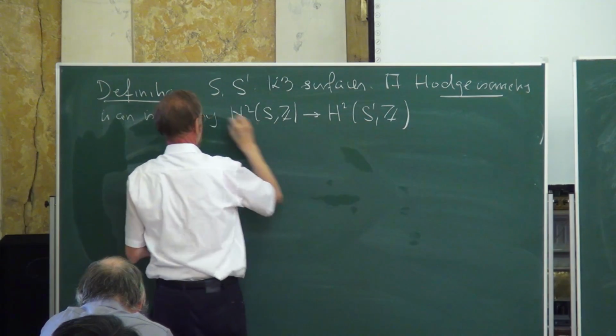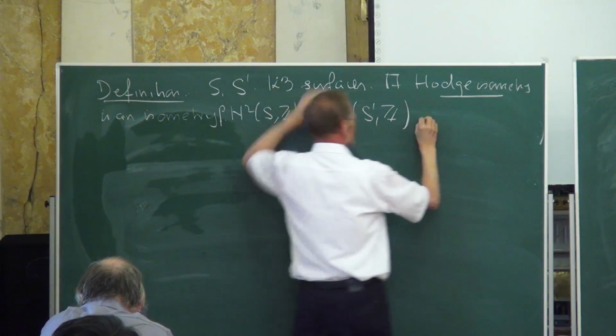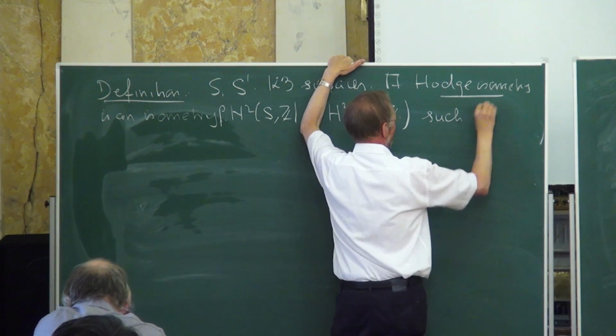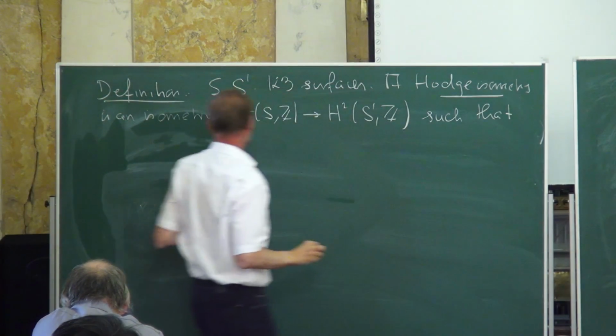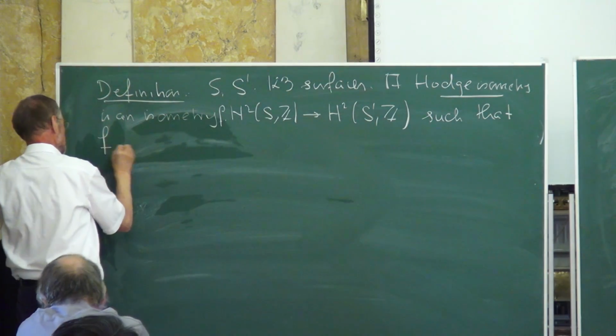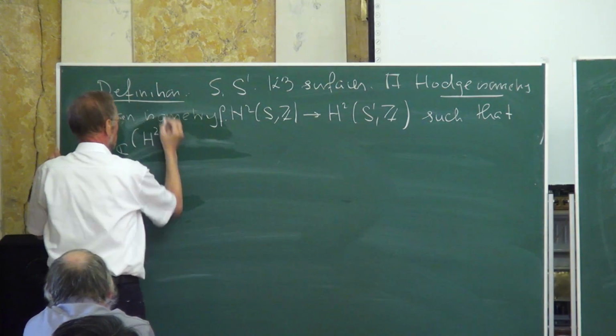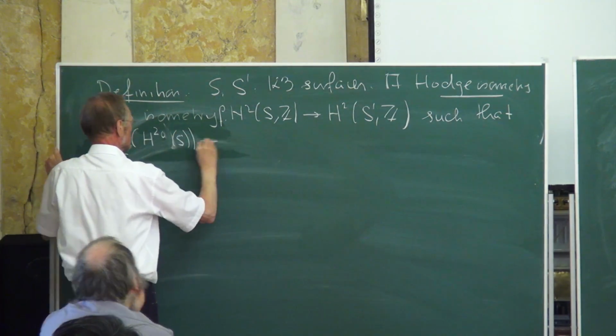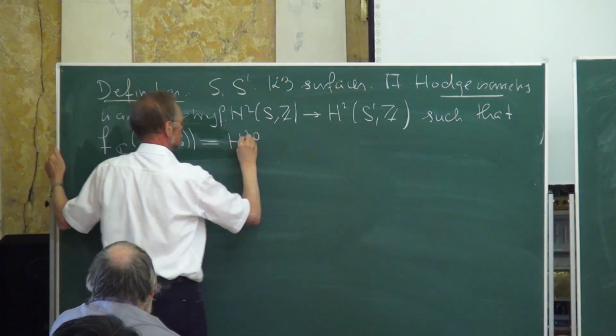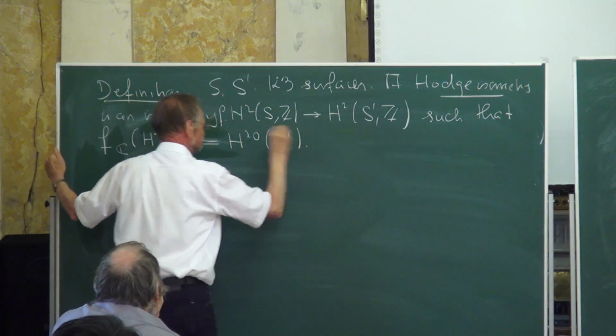Let me give that a name F, such that if I look at the complexification of that, it maps H^{2,0} of S to H^{2,0} of S prime.